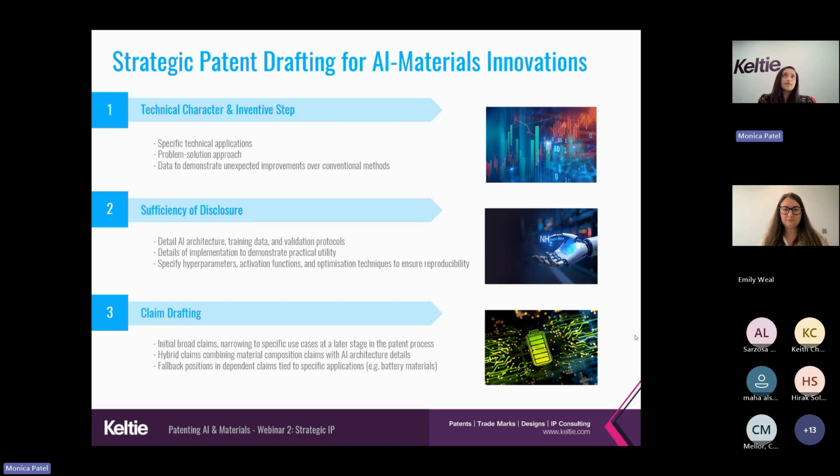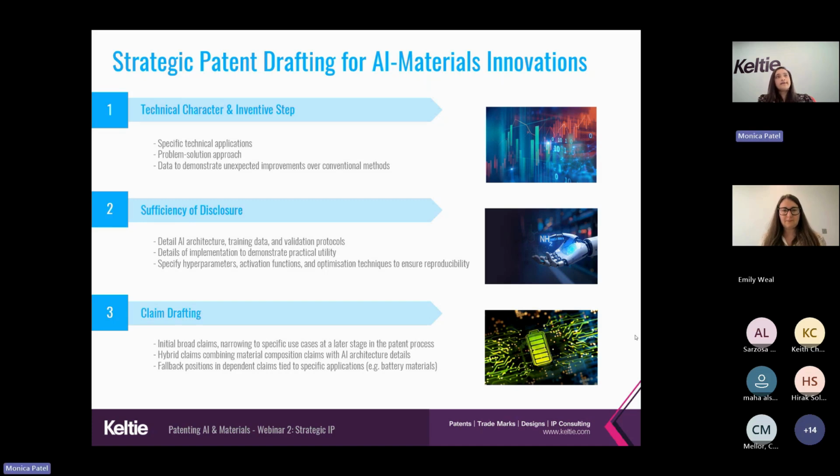When we're talking about inventions in AI materials, here are some of the things that we might need to include. So there's AI architecture, training data and validation protocols, details of implementation to demonstrate practical utility. So that comes back to practical applications of the invention.